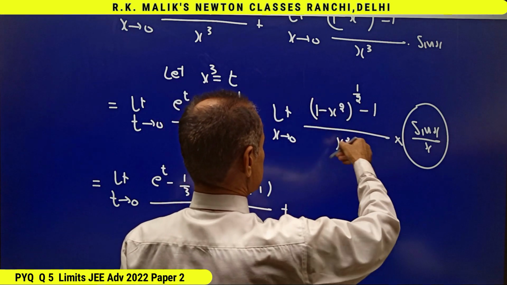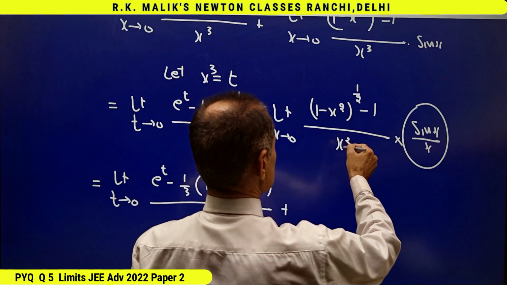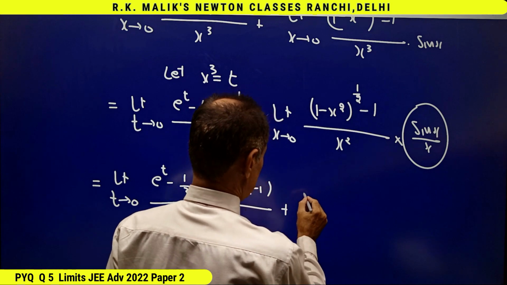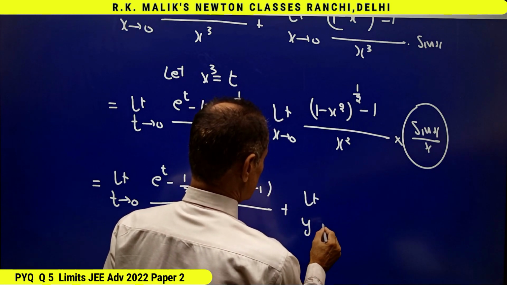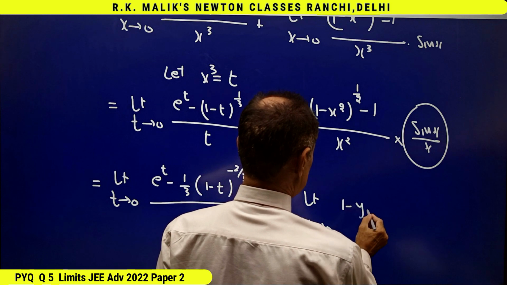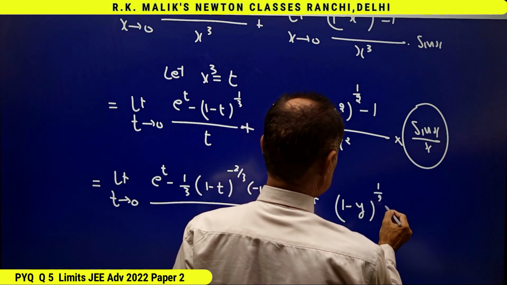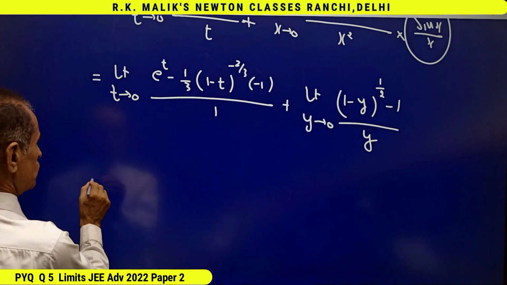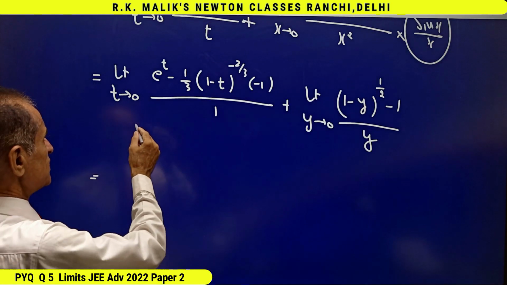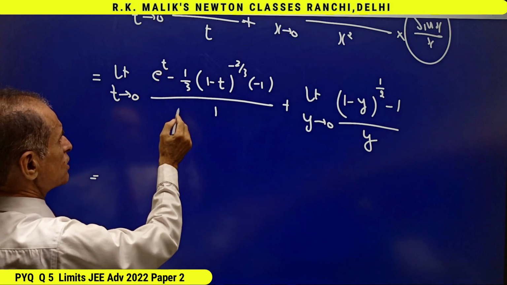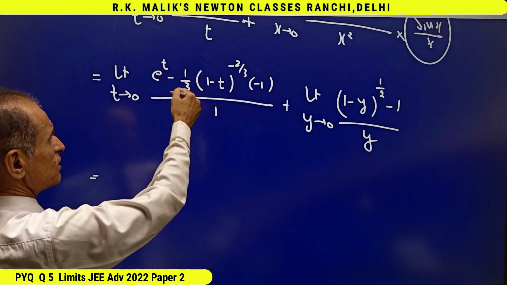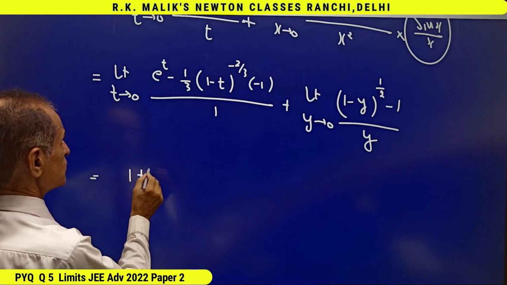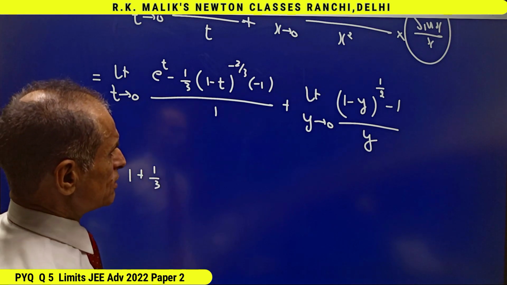And in the remaining part, everywhere x square is present, therefore for x square I write y. It becomes limit y tends to 0 of ((1 minus y) to the power 1 by 2 minus 1) upon y. And as t tends to 0, this tends to 1, and here it gives 1 by 3. Therefore, I get 1 plus 1 by 3.